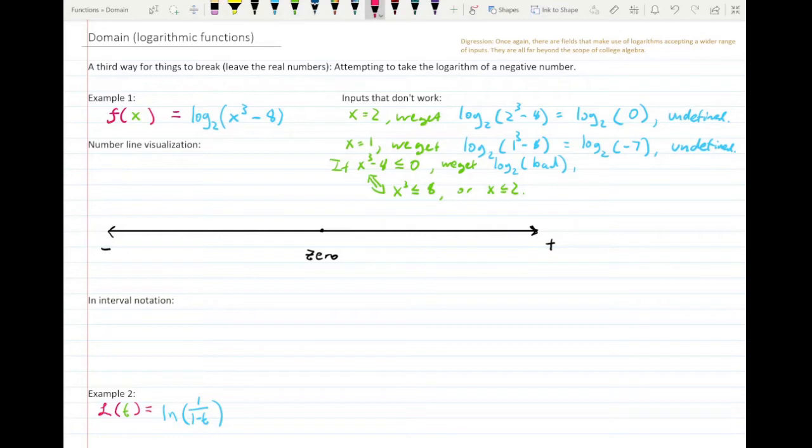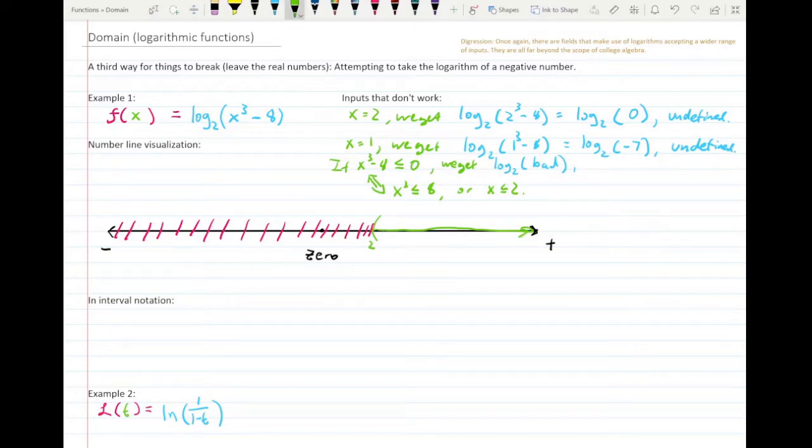On the number line, if we think 2 is somewhere over here, we're going to omit everything less than or equal to 2 from our domain, so everything to the left, including 2 itself, and keep everything to the right of 2, making sure to omit 2.